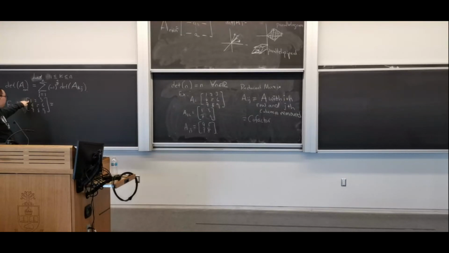So I pick any row. Let's say I pick the second row. If I pick the second row, then k equals 2, right? What I have in the end was j going from 1 to 3 because this is a 3 by 3 matrix, so n equals 3: minus 1 to the power of j times the determinant of the matrix.